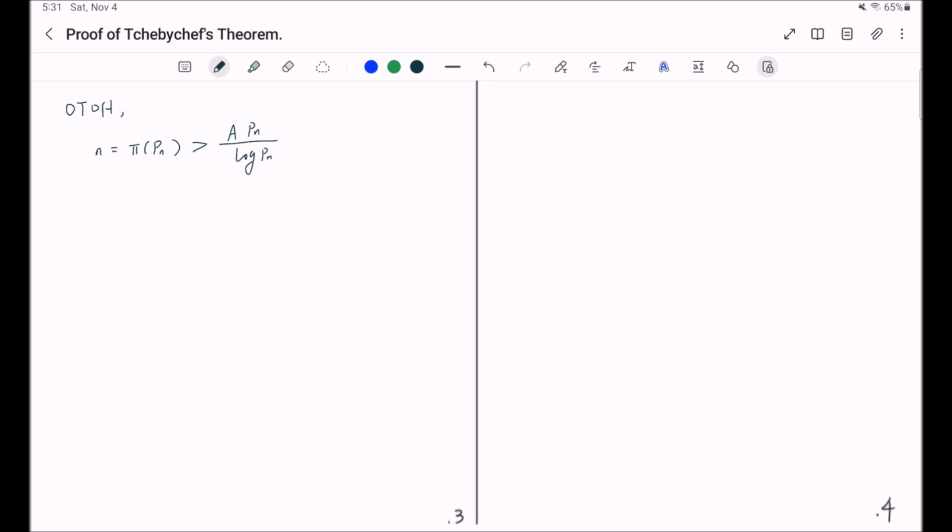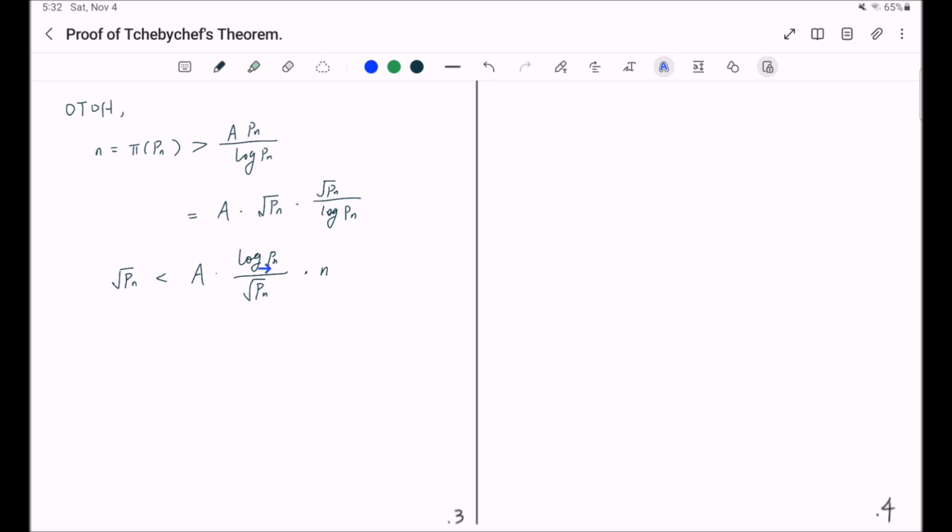And here comes the tricky part. We're going to split this as square root of p sub n times square root of p sub n divided by log of p sub n. It follows that the square root of p sub n is bounded above by some constant times log of p sub n divided by square root of p sub n, times n.